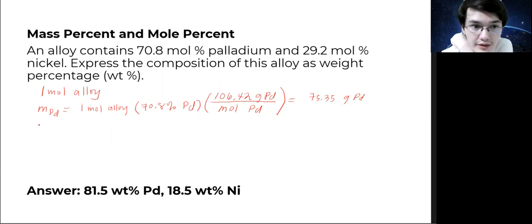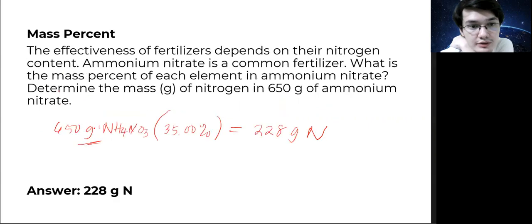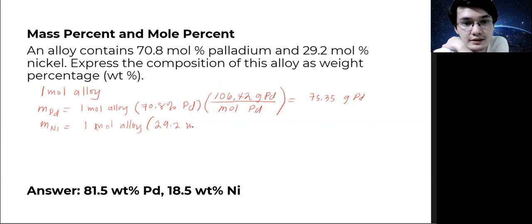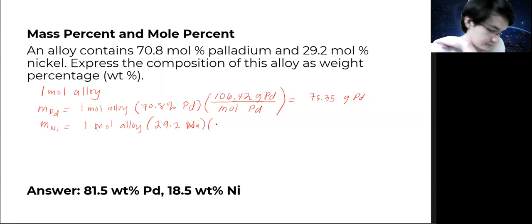So the same thing for nickel, 1 mole alloy times the mole percent of nickel. Then we multiply it to the atomic mass.